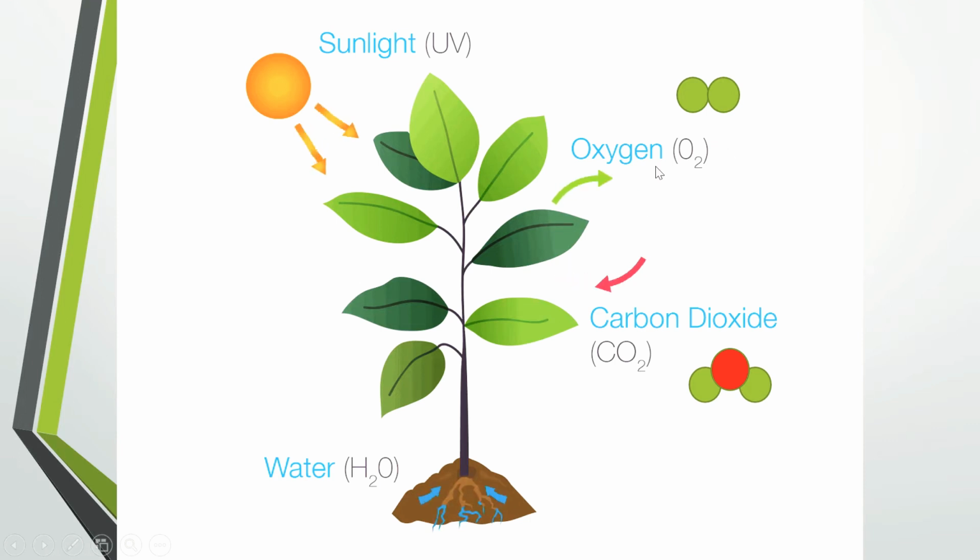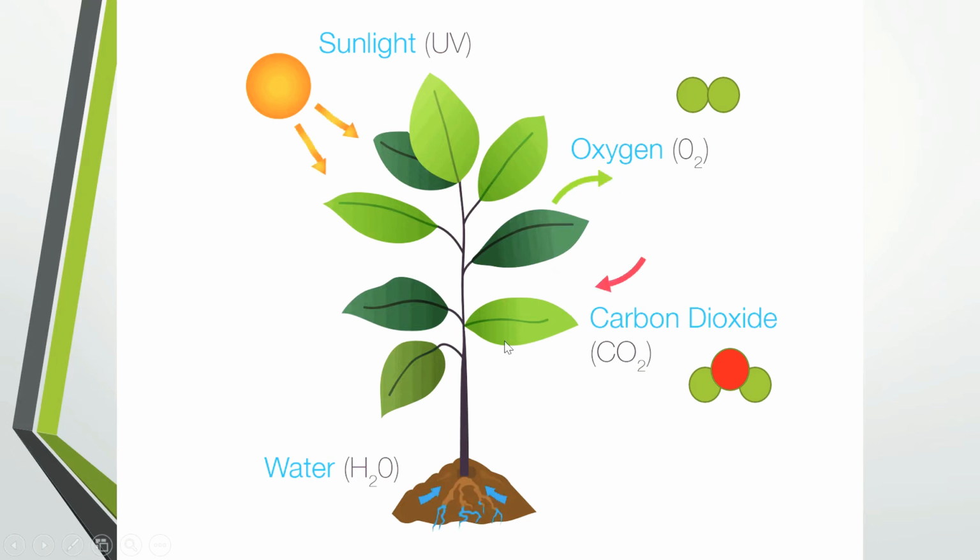So to simplify the illustration, I use these two green circles to represent the oxygen, and the red is for the carbon. So once this carbon dioxide enters the body of the plant, the only thing released by the plant is the oxygen molecules.